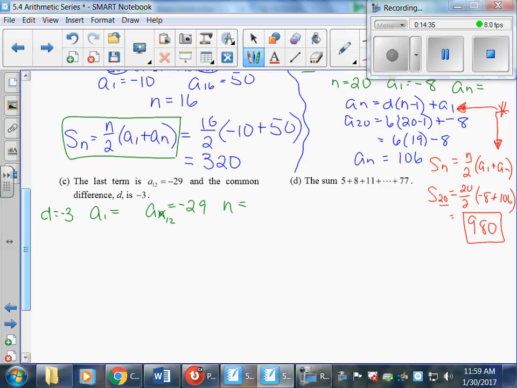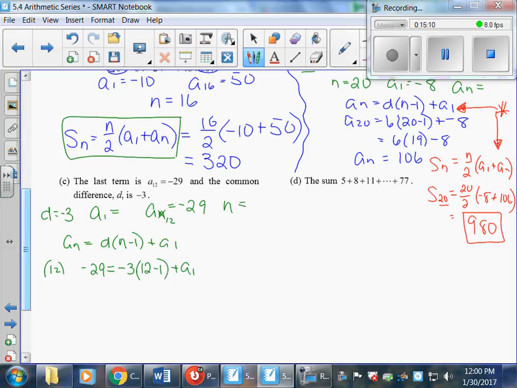So what do we need? We need to go back to that formula we had up there, which said a sub n is equal to d times n minus 1, plus a sub 1. If we're looking for the 12th term, negative 29 is equal to d, which is negative 3, times n minus 1, where n is 12, plus a1.